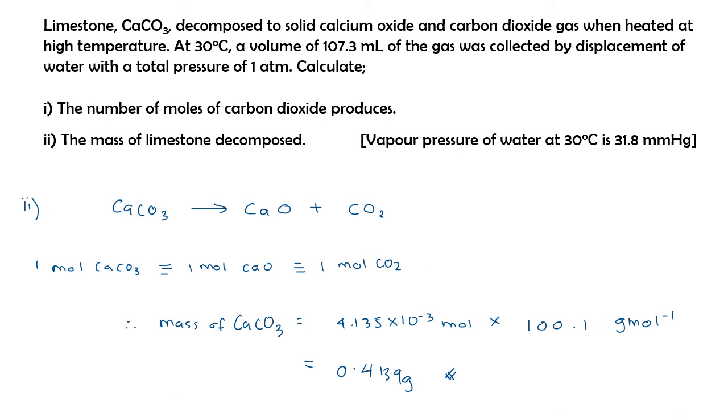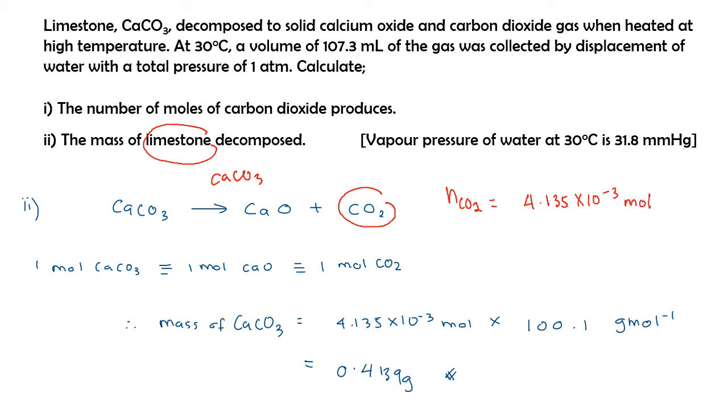Okay, for the next question, the mass of the limestone decomposed. From the balanced equation, 1 mole of CaCO3 will decompose into 1 mole of CaO and 1 mole of CO2. So to find the mass of the limestone CaCO3, you already calculated the moles of the gas before. We have the information that moles of CO2 gas is 4.135 exponent -3 mole.